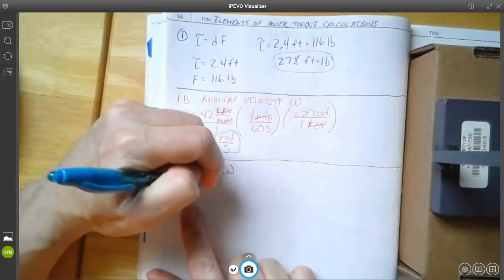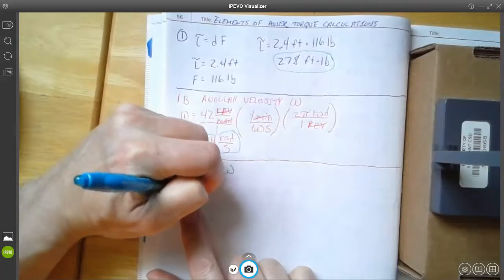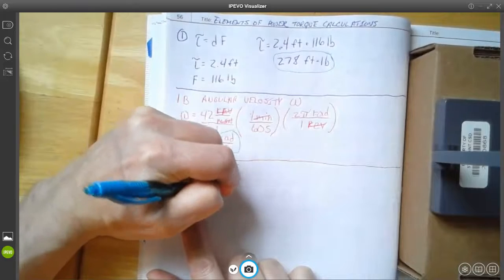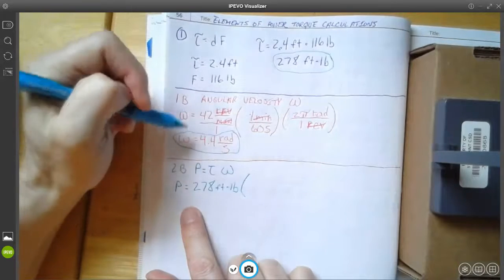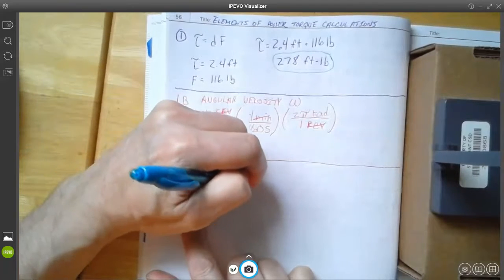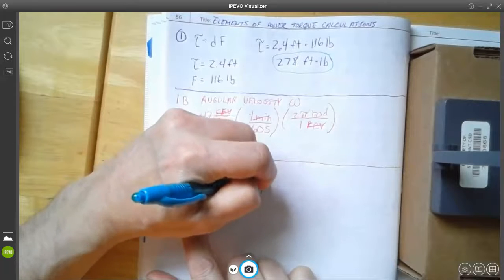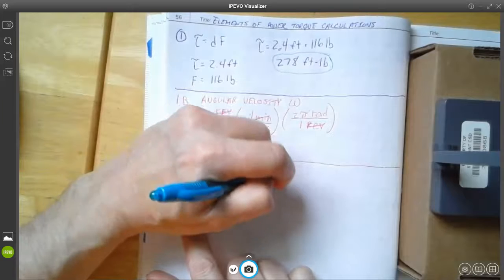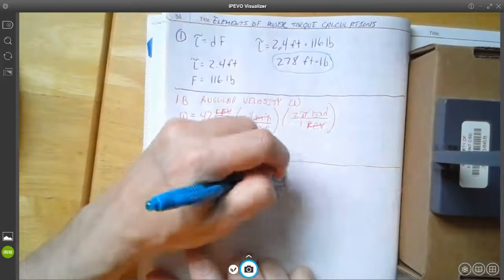So I'm going to take my 278 foot-pounds, and I'm going to multiply that times my angular velocity, which is 4.4. I always mix up my radians per second, my uppercase and lowercase.